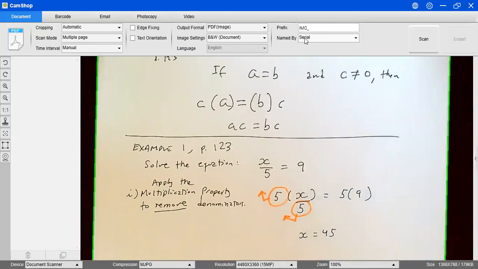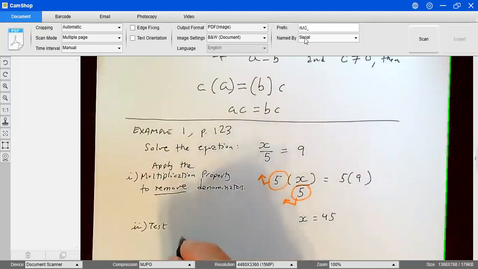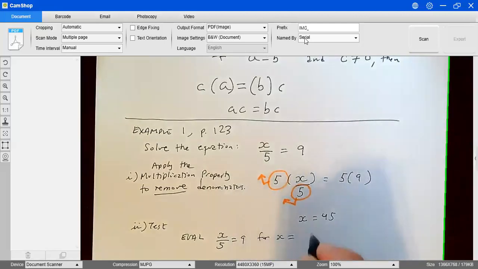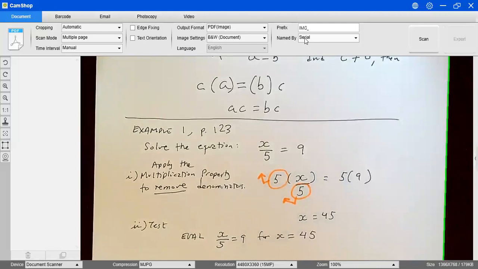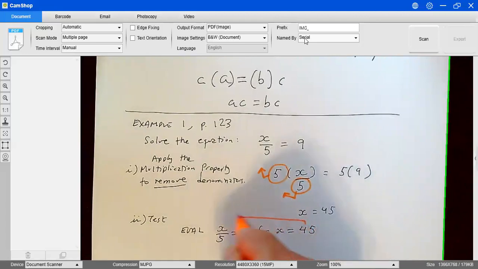I need to verify that this is the solution. So we need to test our solution. How do you test a solution? Remember, you evaluate the original equation for the value that you just found. So to verify this, you replace the x with 45 in this case.